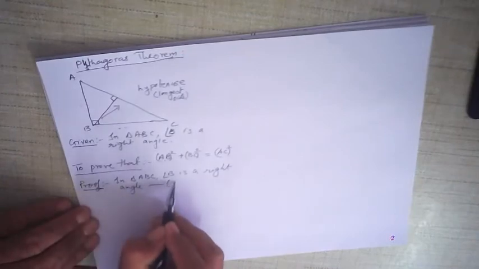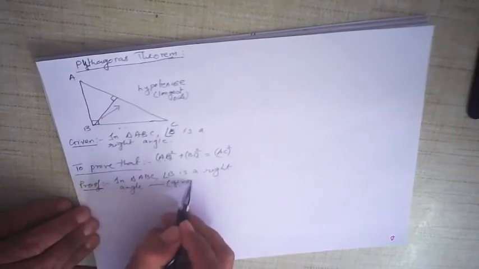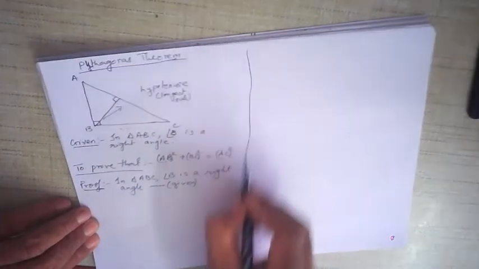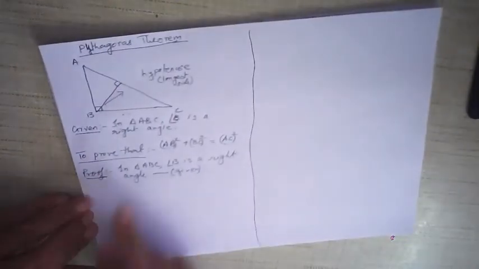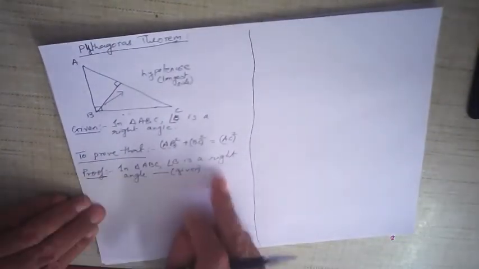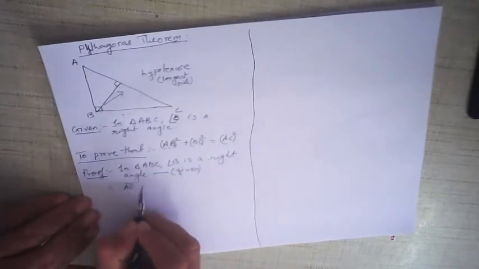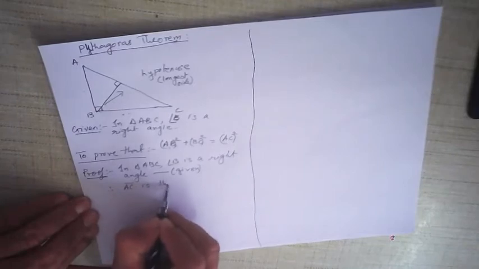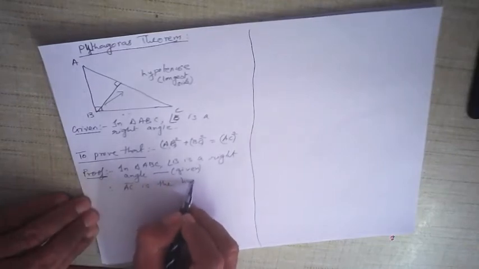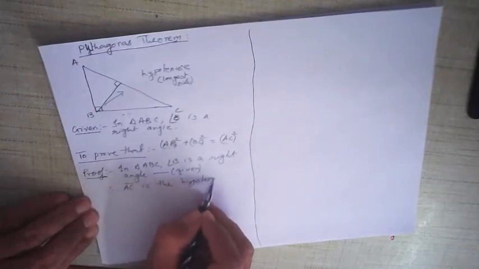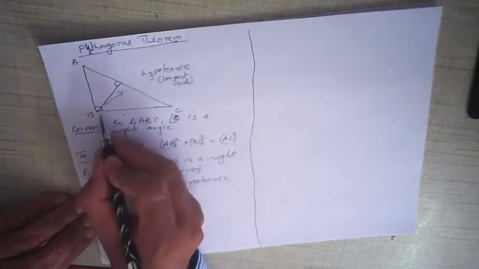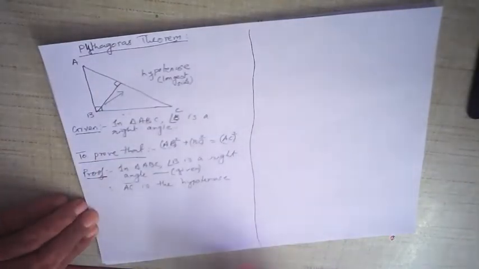Always start with the given. It makes things easier. Now, in triangle ABC, angle B is a right angle, therefore AC is the longest side and it is opposite to right angle B, and therefore it is the hypotenuse.